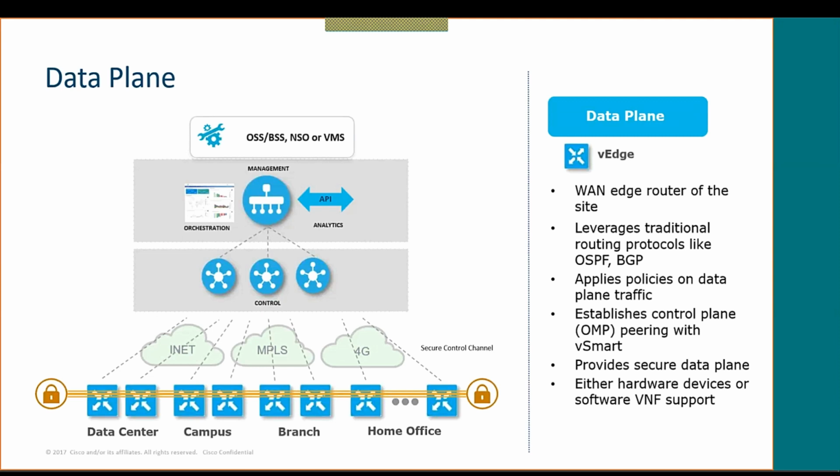Okay. And again, referring to the same diagram, suppose we have two branch sites connected to two different MPLS providers. Would it be possible to build a data plane IPsec tunnel between those branch sites, connected to different MPLS providers? How are we going to do the routing? No, this is automated. As I told you, when branches are connected across MPLS, one device is on MPLS, one device is on the internet, or another branch is connected with both interfaces into a mobile network.